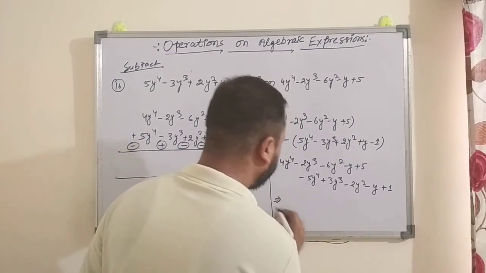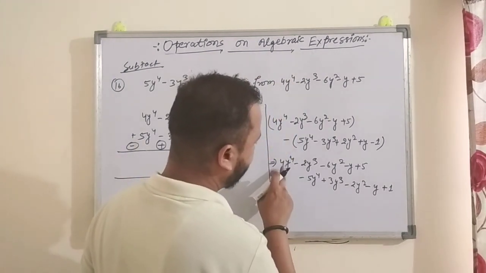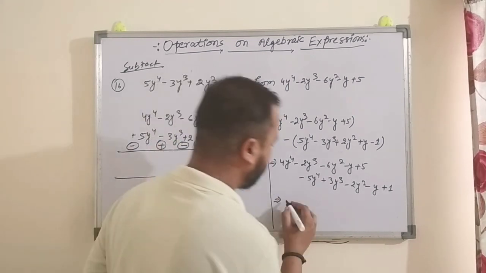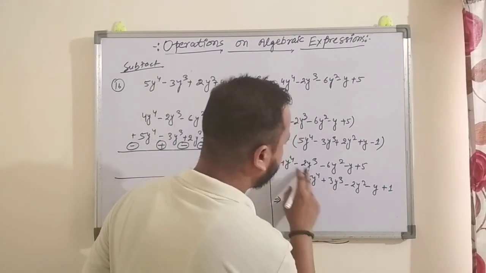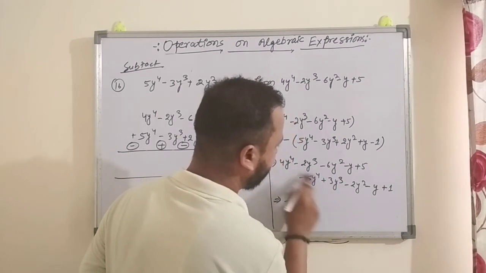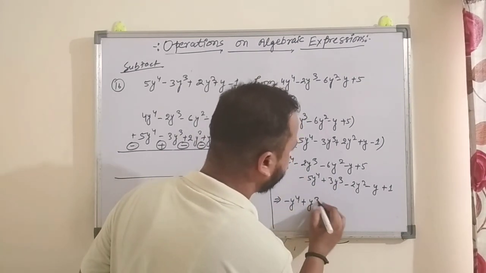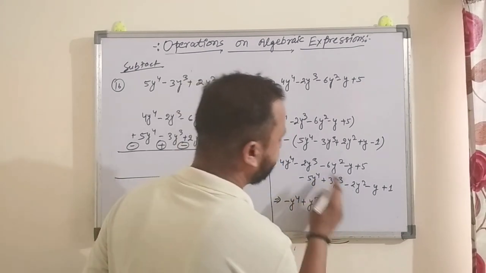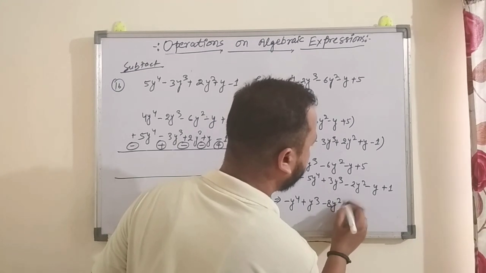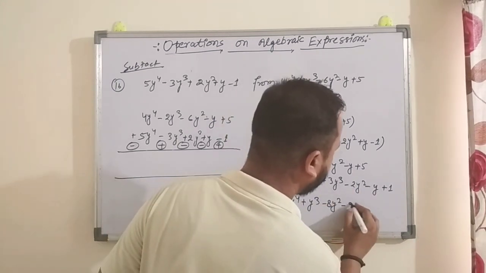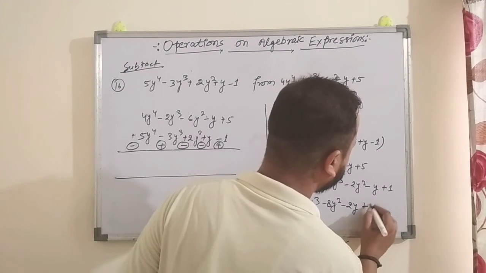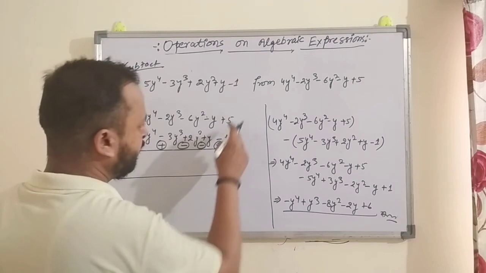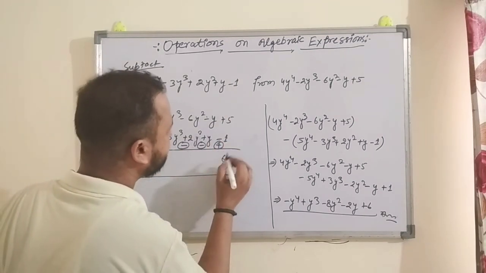So now 4y power 4 and 5y power 4 here with negative sign, so minus y power 4. 3 and 2, 3 is greater and with positive sign, so plus y cube. Here you can add them because they have the same sign, so minus 8y square. Here you can also add them, minus 2y and plus 6. This is the answer we are going to get in this part. So 5 plus 1 is 6.